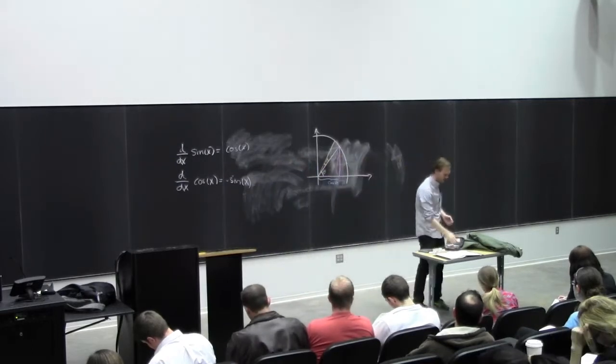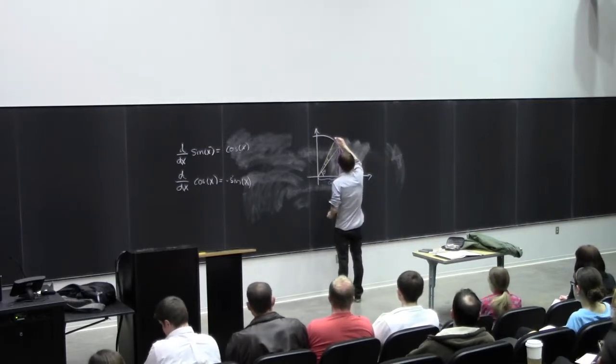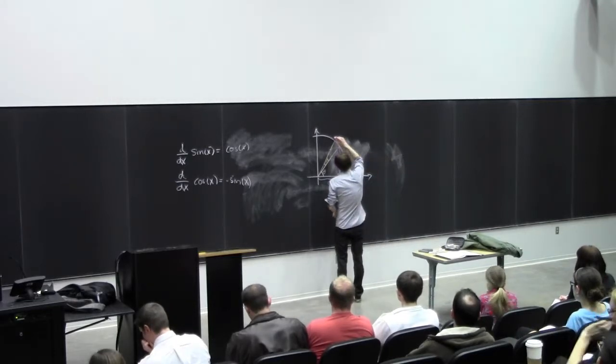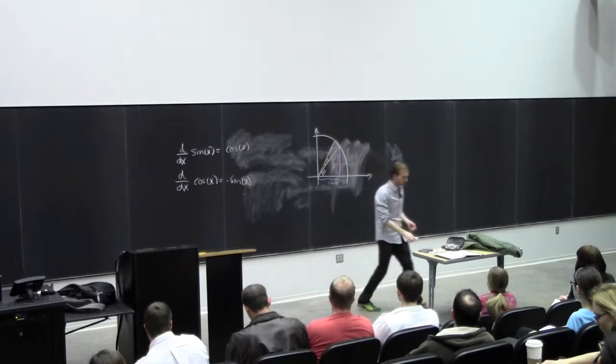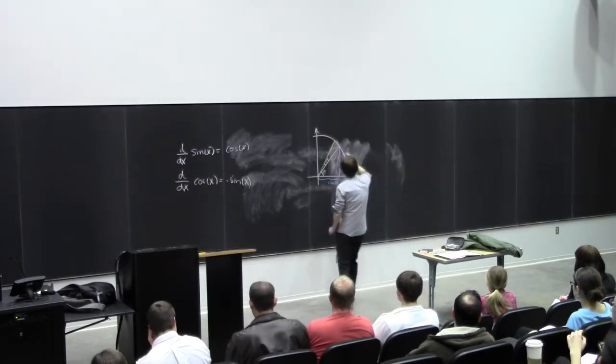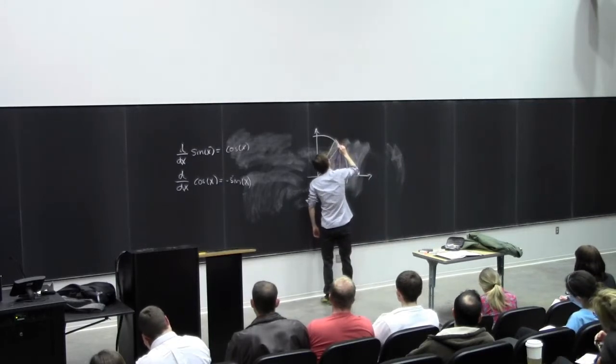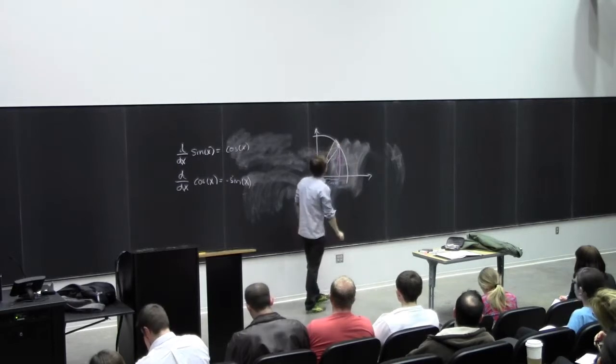And then here's where I'm going to do some weird stuff. I'm sorry, but this is actually a pretty nice picture if I can do it right. What I'm going to do is make a right angle right here. So this is a right angle right there.